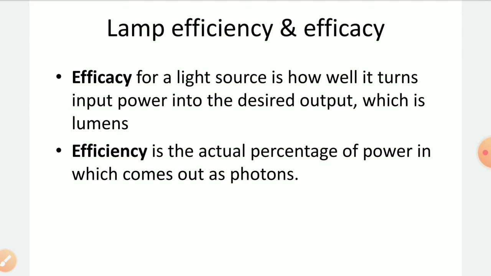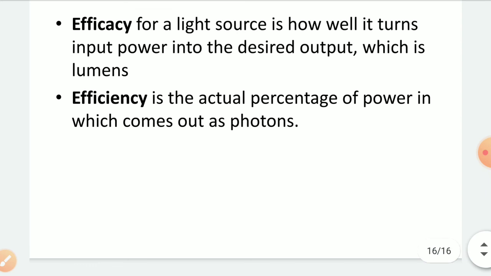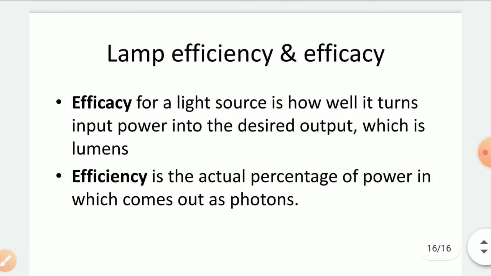So how well the light is transferring the input power into the desired output is called efficiency. Efficiency is the actual percentage of power which comes out as photons. That is also how you can define the efficiency. So these are some terminologies to define the efficiency of the lamps.